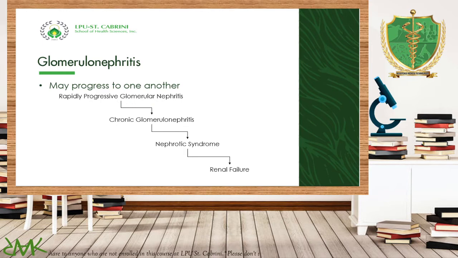The question is, sir, can I still survive if I develop renal failure? Well, I don't want to discourage you. I don't want to discourage everyone who is having a problem with their kidney. If you have a family friend or a family relative who has this kind of disease, I don't want to discourage you, but mind you, the only treatment that can truly help the patient with a renal problem is kidney transplant.